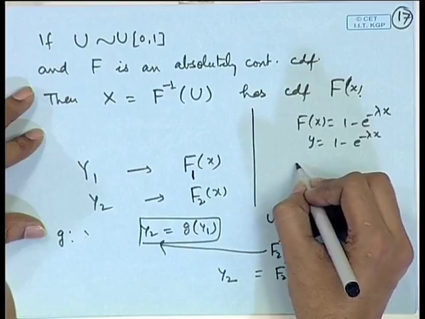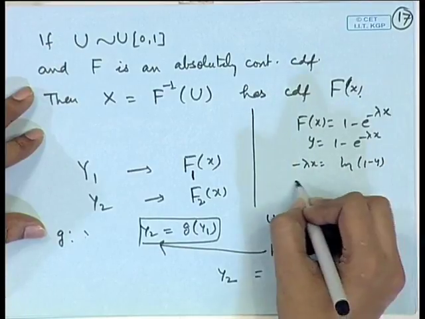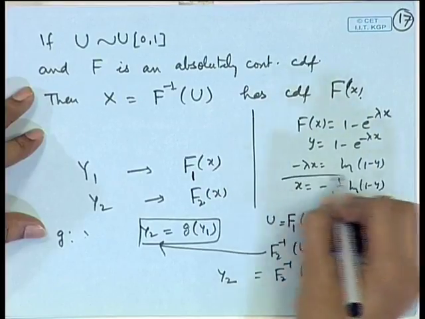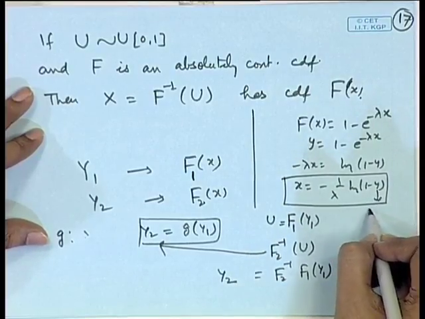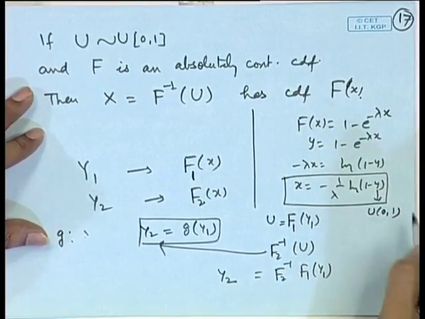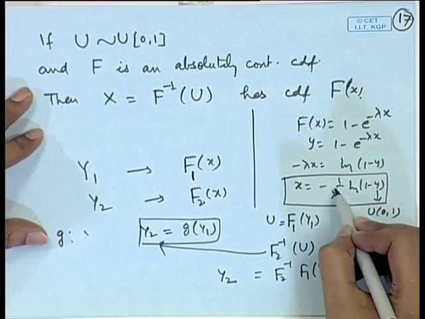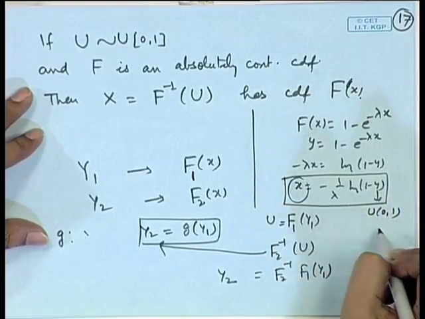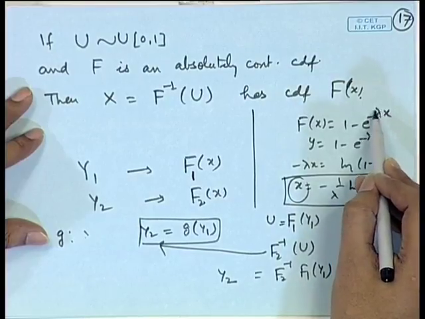So, minus lambda x is equal to log of 1 minus y. So, x is equal to minus 1 by lambda log of 1 minus y. So, if y's are the uniform random variables on 0 to 1, then if we consider log of 1 minus y and minus 1 by lambda, then x i's will be exponential distributed random variables with parameter lambda.